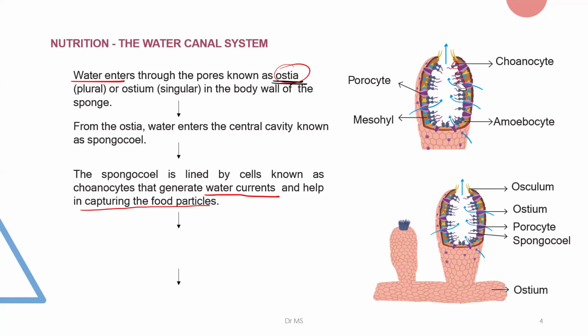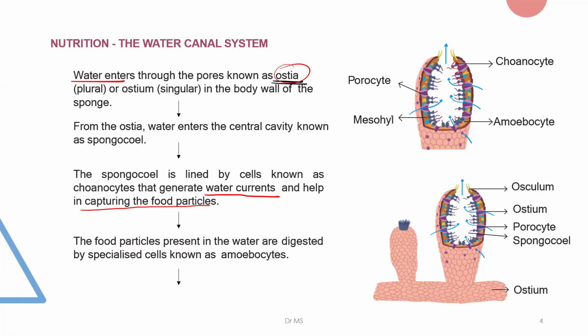Once it enters the central cavity, with the help of water currents, all these food particles will be captured and supplied to the different cells. The food particles present in water are digested by special cells known as the amoebocytes.